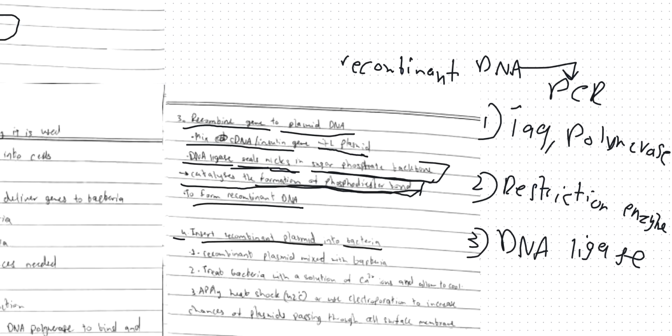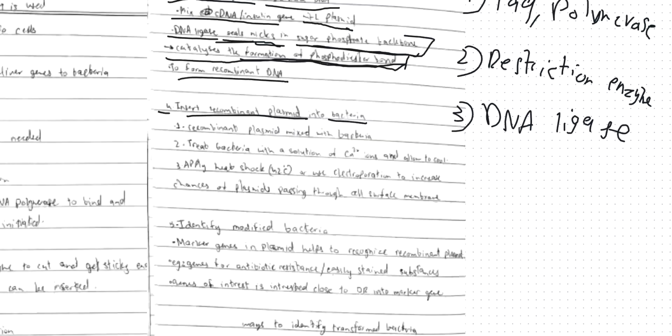And so the recombinant plasmid is mixed with the bacteria, and you treat this bacteria with a solution of Ca2+ ions, and you allow this to cool. Why does this happen? Because the plasmid is not inserted into the bacteria directly.